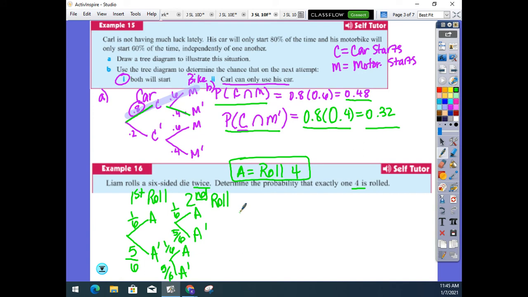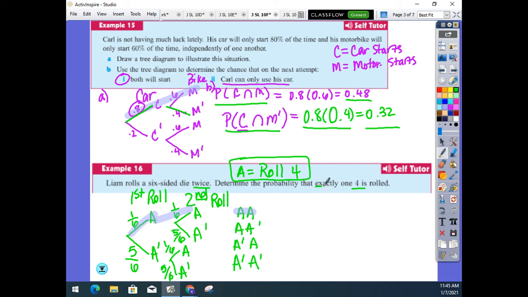Now if we look at this, this is rolling a 4 twice. If we follow it this way, if we go up and then down, that's A, A prime, or we could go down this way, A prime, A, and then A prime, A prime.